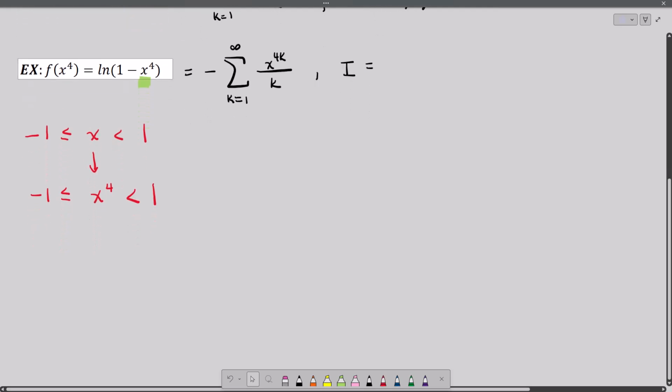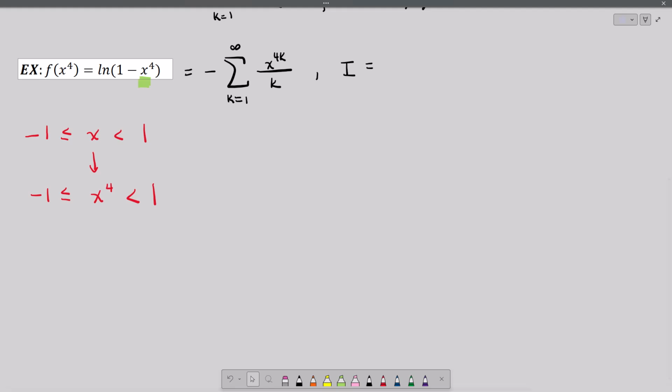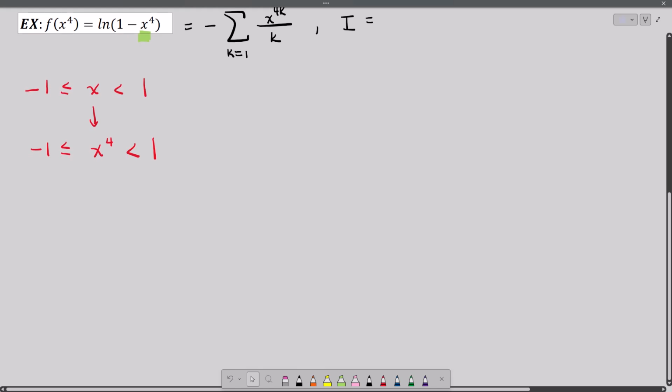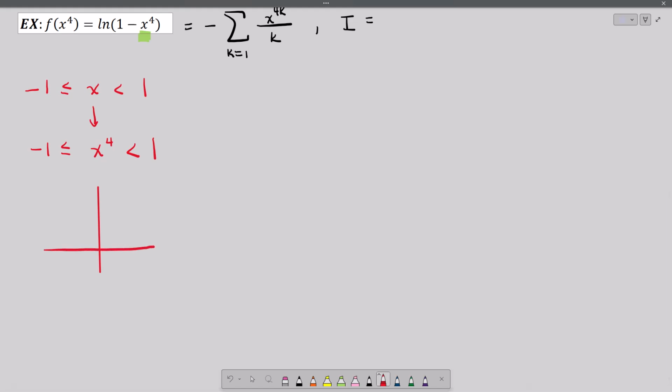There are a couple of ways to do it. We've looked at something similar to this before. Let's do it two ways. Let's look at it visually. If we look at a graph of x to the fourth, it kind of looks like a parabola, but it's a little extra flat down here. So it looks like that. That's the function f of x equals x to the fourth, the black function I have here.